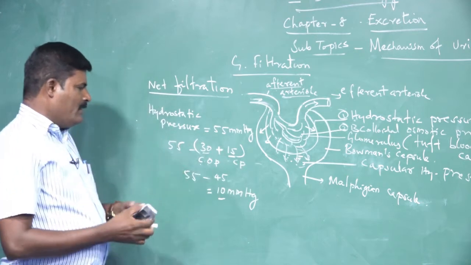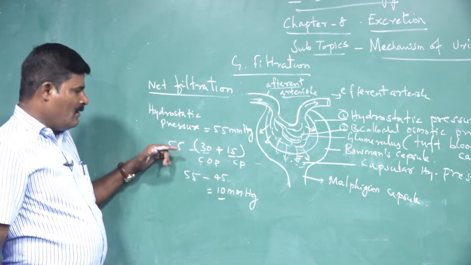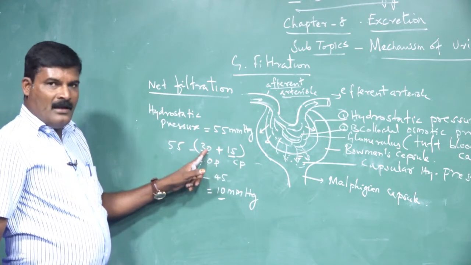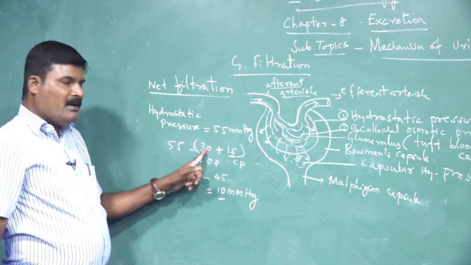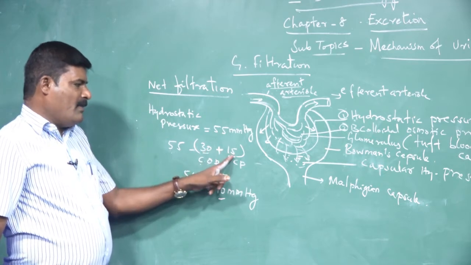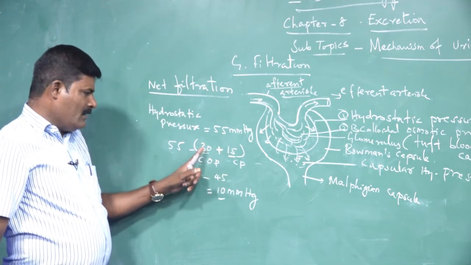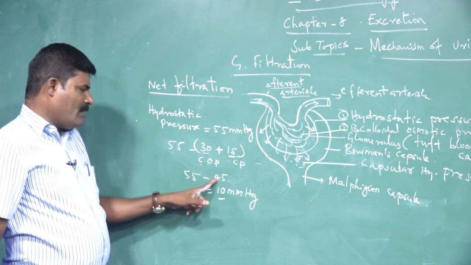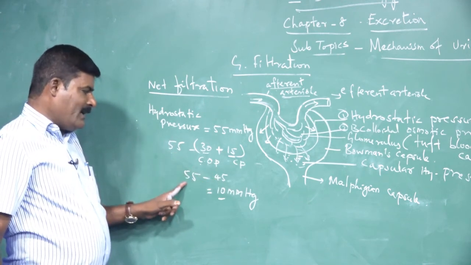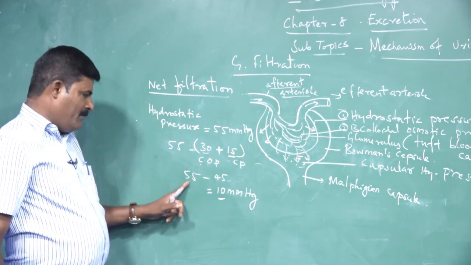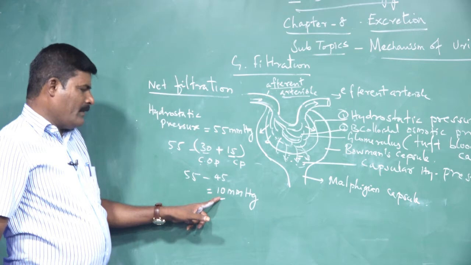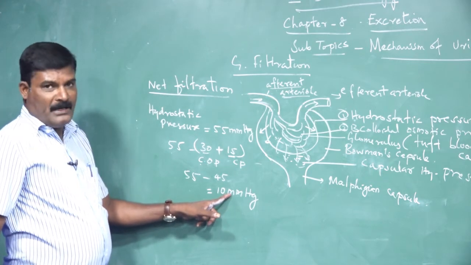So the hydrostatic pressure is opposed by two pressures created by plasma protein in the capillaries: blood colloidal osmotic pressure, 30, plus capsular pressure, 15. 30 plus 15 is 45. The hydrostatic pressure is greater than the opposing pressure, and 55 minus 45 is 10 millimeters of mercury.